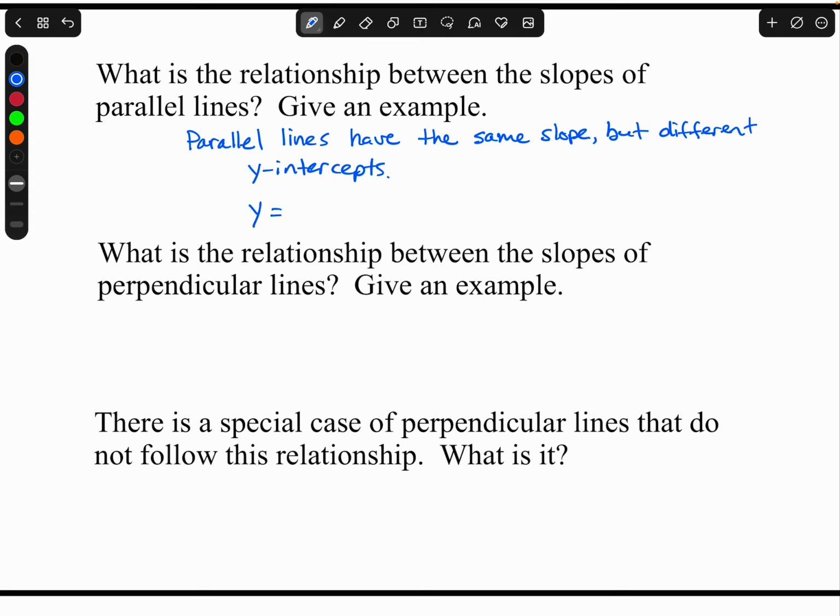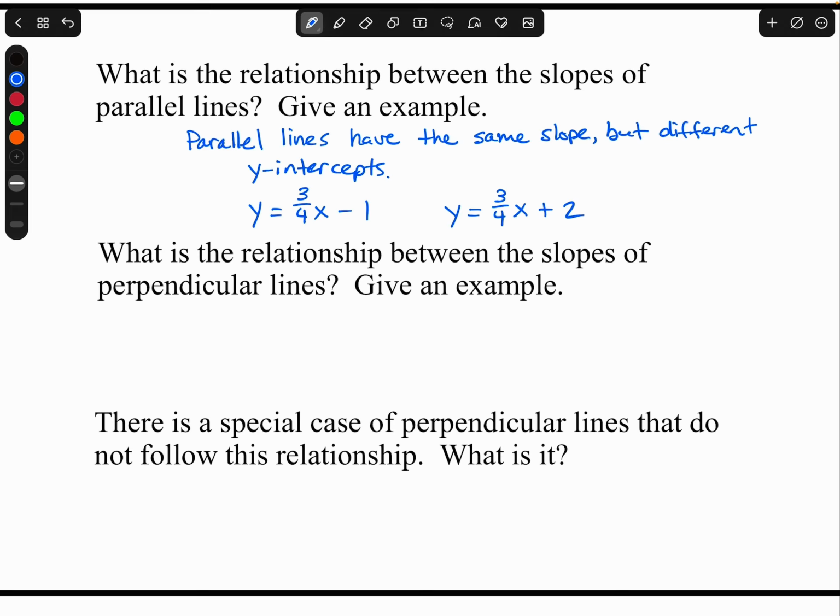If you have an example you'd like to use, I'm just going to write it in slope-intercept form because that's usually what we see here. Y equals, let's say we have the line 3/4 x, and we'll say our y-intercept is -1. Remember, for it to be parallel, it's got to have that same slope, but we need a different y-intercept, so we'll just make up a different one. We'll just say +2. Same slope, different y-intercept.